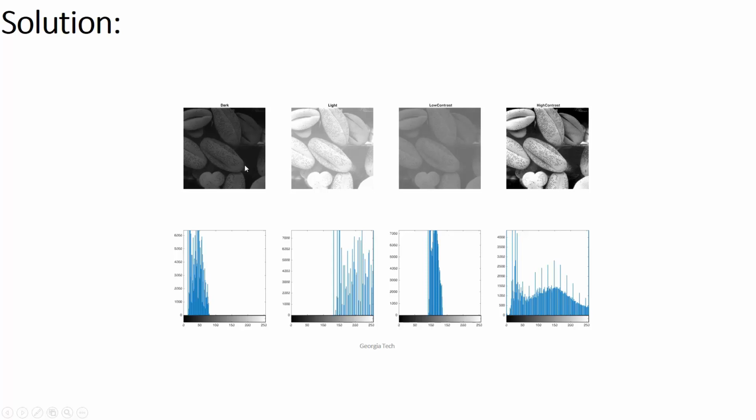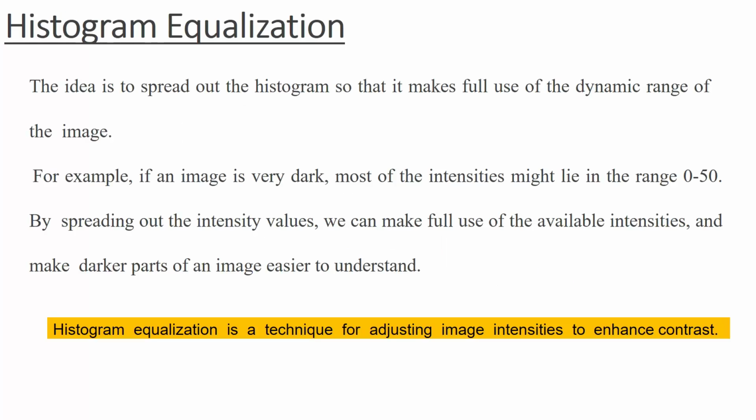So if you have an image of poor contrast, then you want to convert that image into a high contrast image. For that purpose, we are going to learn about histogram equalization. The idea is to spread out the histogram so that it makes full use of the dynamic range of the image.